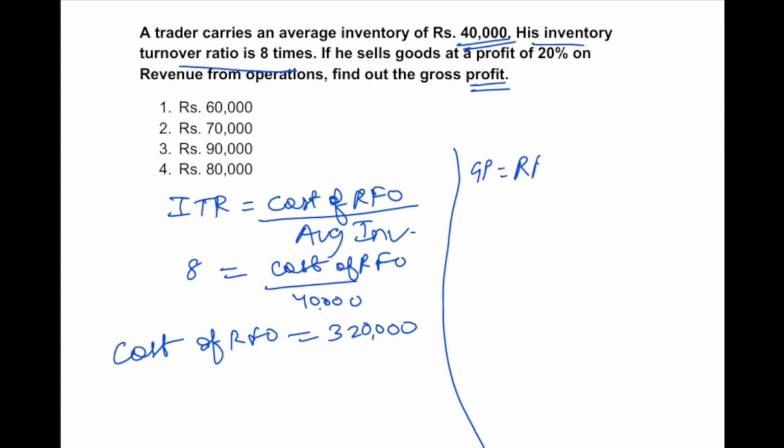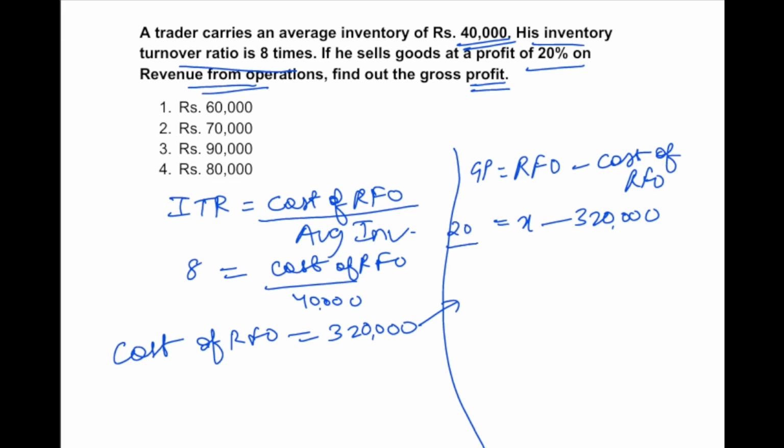Now since we have to calculate gross profit, we'll write the formula for gross profit, which is net sales or revenue from operation minus cost of revenue from operation. In the question, sales or RFO is not given, so we'll assume it to be X. Cost is 3,20,000. GP is 20% on RFO.